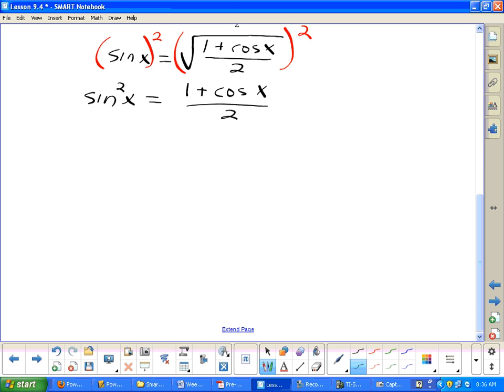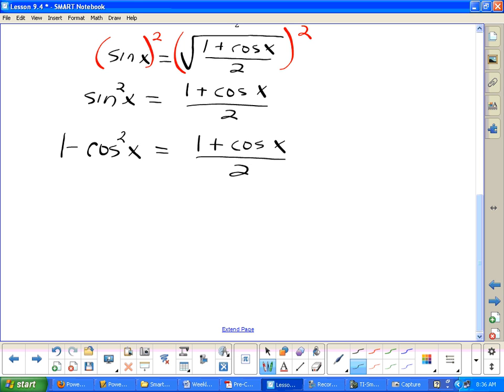So sine squared is equal to what? 1 minus cosine squared. Okay, so now that 2 is a problem because we need to get rid of it. So we'll multiply by 2.